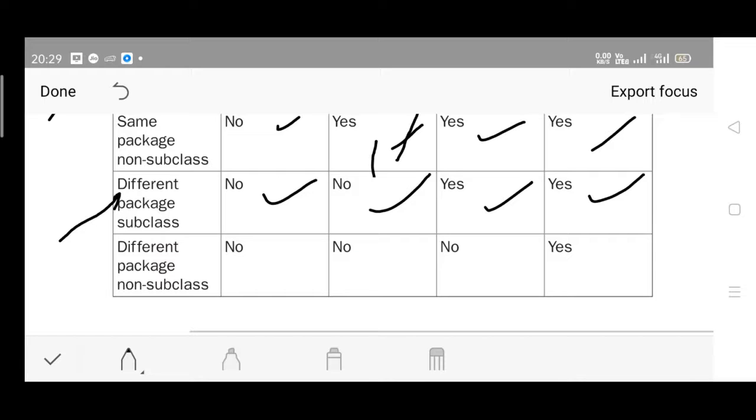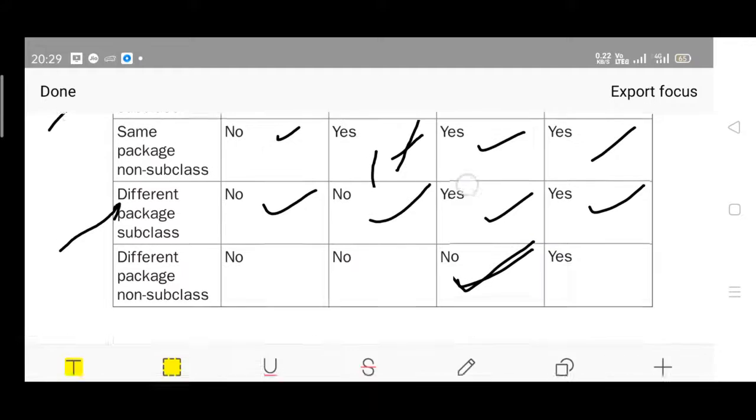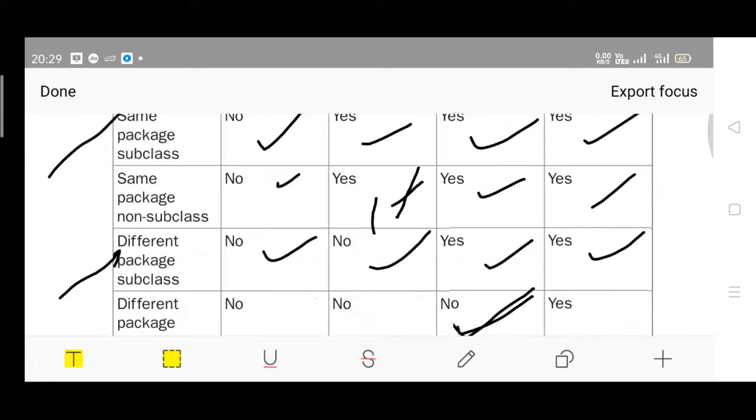And finally, different package and non subclass. For a non subclass, of course, protected will not be accessible. The protected concept comes only with respect to parent and child, isn't it?